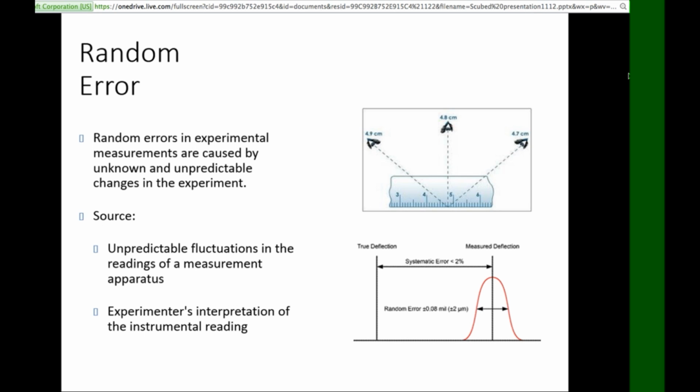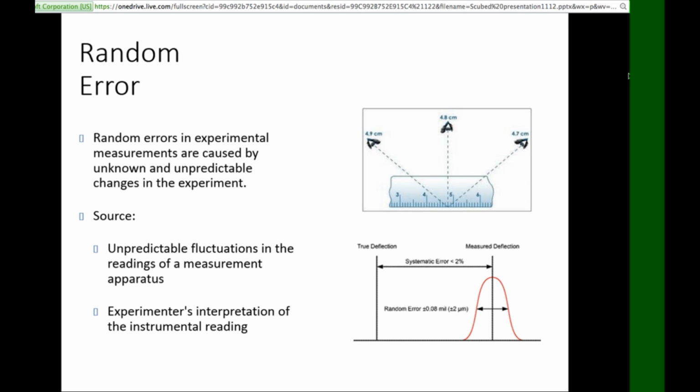Let's consider some examples of random errors. For instance, electronic noise in the circuit of an electrical instrument, and fluctuations in room temperature. If the room temperature is 20 degrees and you're getting fluctuations both above 20 degrees and below 20 degrees, that's a random error. It's not a one-way bias like a systematic error would be. Other random errors include parallax errors, and many others.